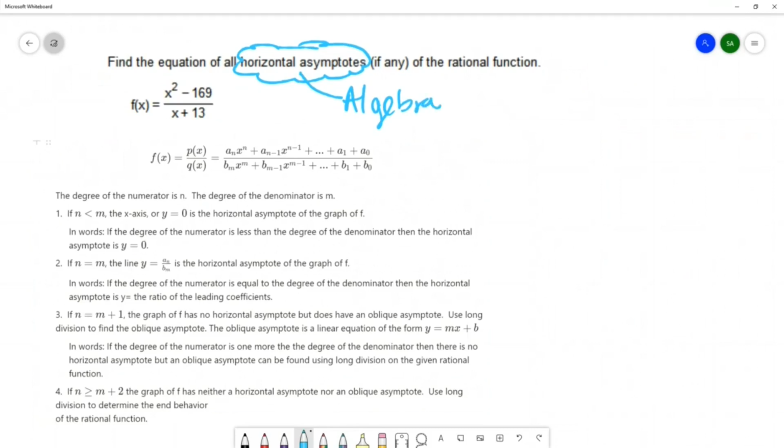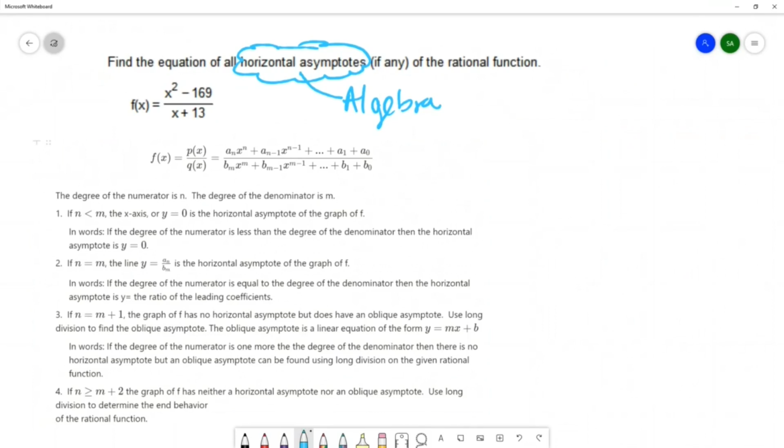So the actual math behind finding horizontal asymptotes involves an operation called the limit, and that's something that you learn how to do in calculus. So in an algebra class, what we do is we try to summarize the rules so that we can find the asymptotes by following these different scenarios.